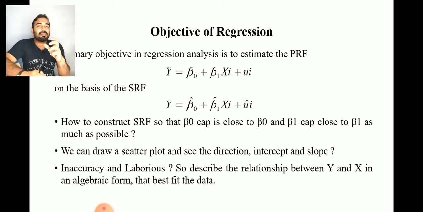Then what is the aim of the regression, or what is the fundamental objective of the regression? It is nothing but to estimate the PRF, but the PRF is not directly observable. So we use the SRF, estimate the SRF, then we infer what the PRF is. So that's the fundamental objective of regression analysis.